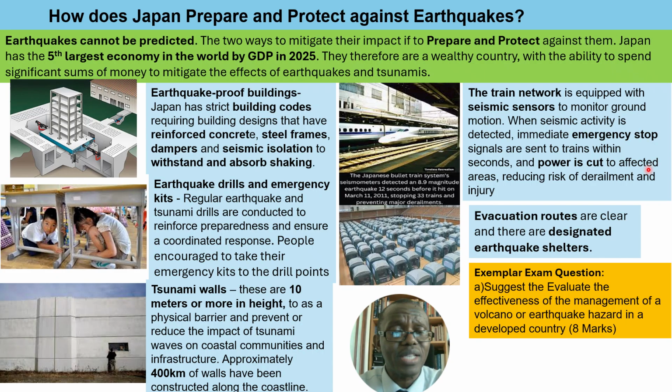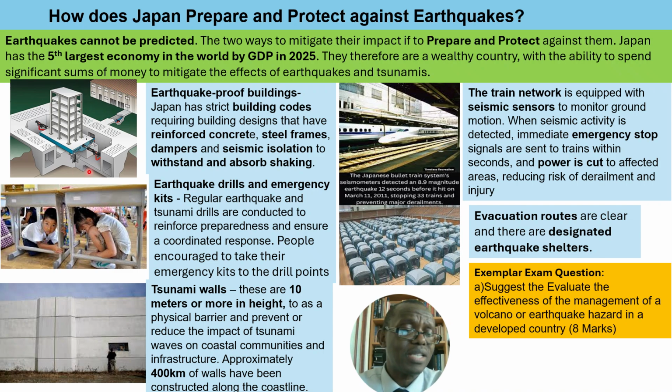For earthquakes, they will construct earthquake-proof buildings. Japan has strict building codes, which require building designs that have reinforced concrete, steel frames, and dampers, and have seismic isolation to withstand and absorb shaking. If they have dampers, they are going to absorb that shaking from the earthquake.